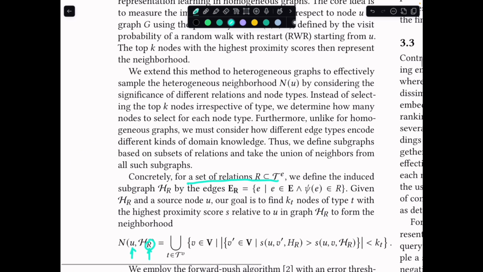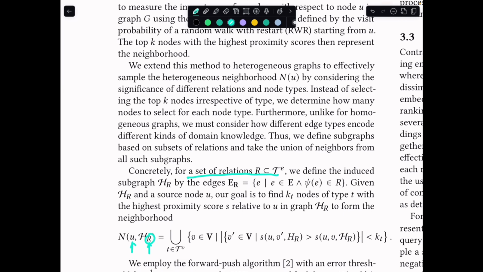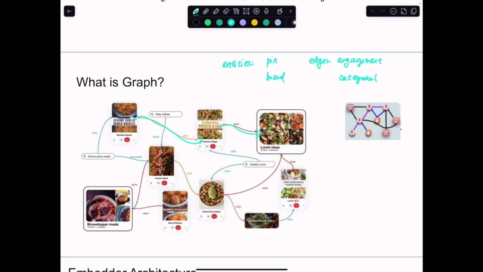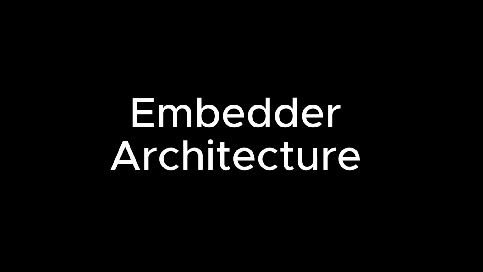This requires a lot of customization and business logic understanding, because you really need to experiment with which edge types go better together in one subset and which are not better together in the same subset. But essentially, after graph sampling, for each node, you should have a list of graph neighbors.